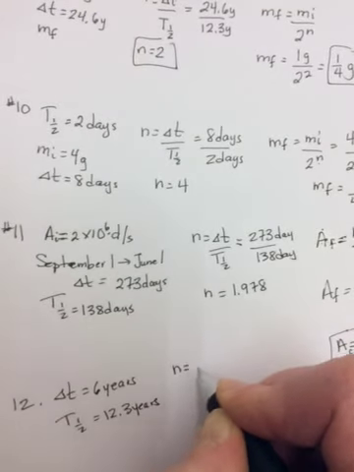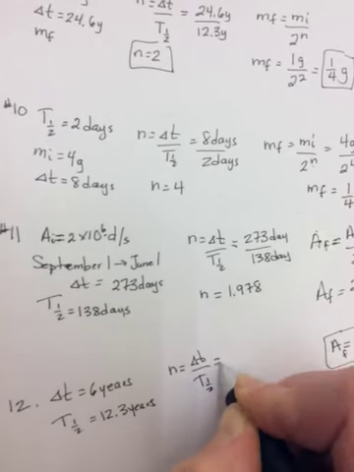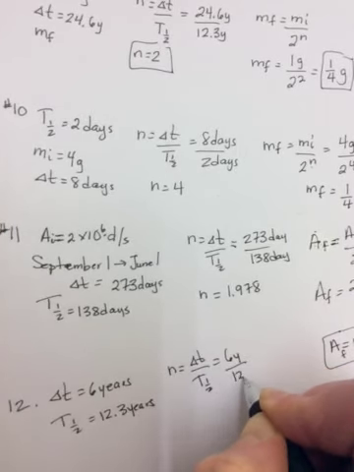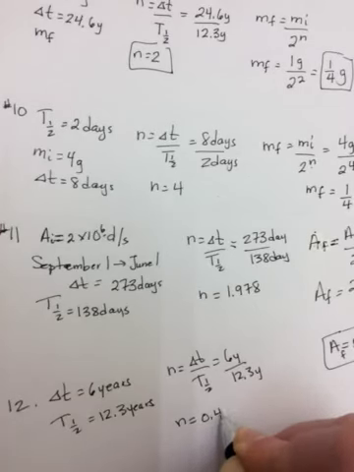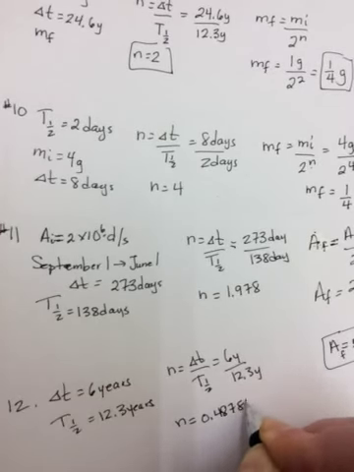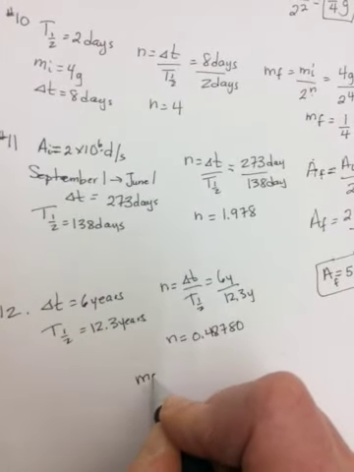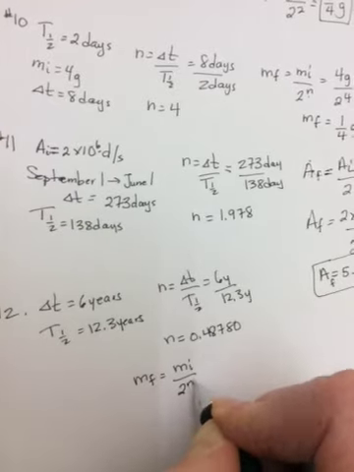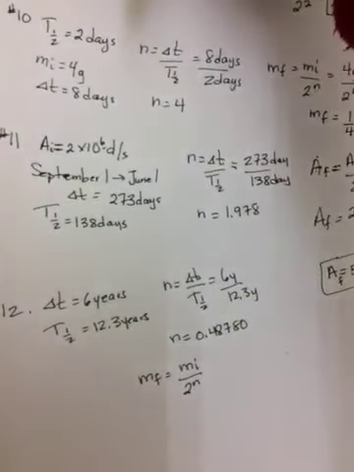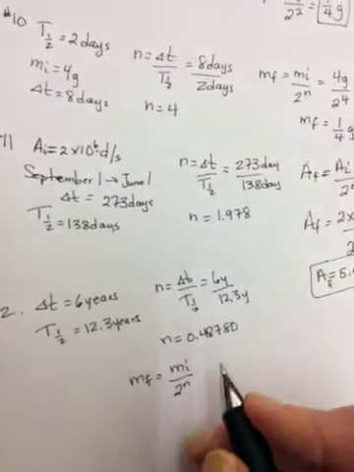And so we can get the number of half-lives, delta T over T1 half, 6 years over 12.3 years, and you'll get an N of 0.48780. Okay, so now we go to MF is equal to MI over 2 to the N. But this is one, like I was telling you in the video, it wants the comparison to the original brightness.